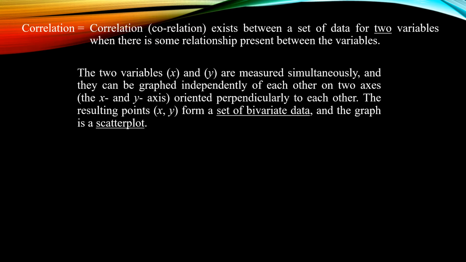So if we start out with our set of variables, our two variables, x and y are measured simultaneously. And when you graph them on independent axes, usually the x-axis is the horizontal axis and the y-axis is the vertical axis, you orient them perpendicular to each other, we end up with data ordered pairs, x comma y.